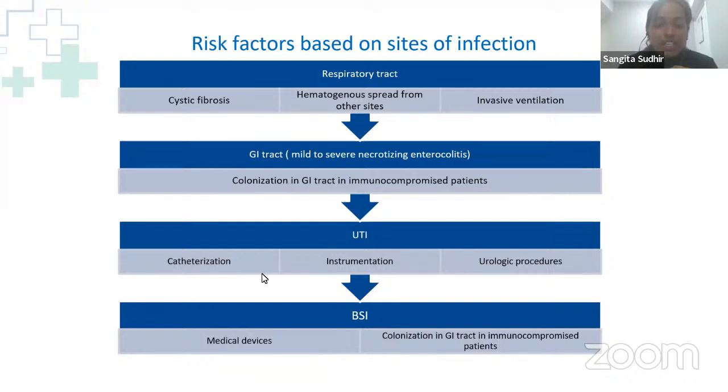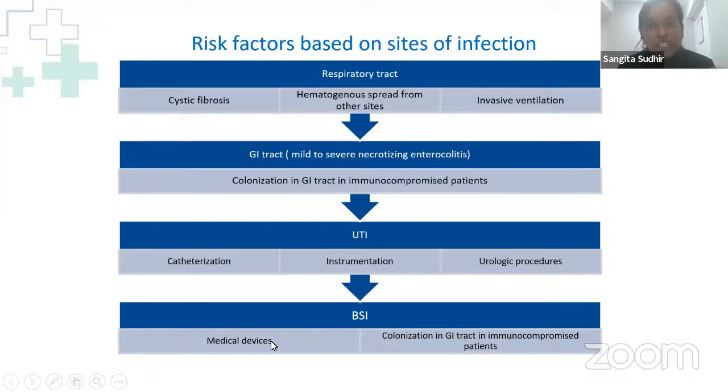Now, colonization. Pseudomonas, as you know, is a colonizer in the GI tract, and when the patient becomes immunocompromised, it can cause necrotizing enterocolitis. Another cause could be catheterization or instrumentation like a urinary stent or other urologic procedures. All of this can cause UTI.